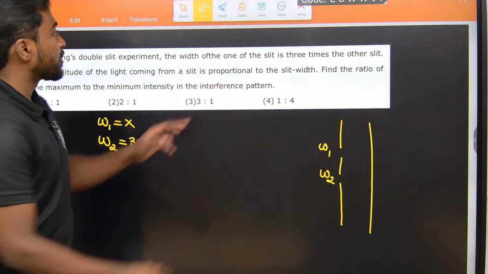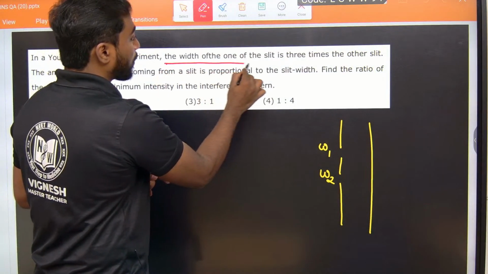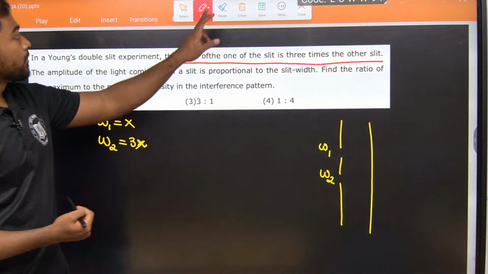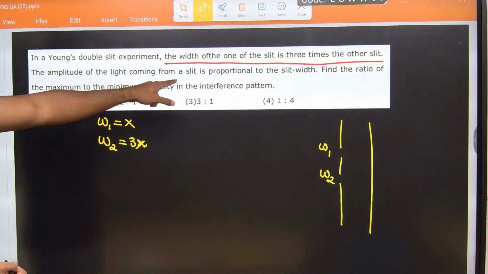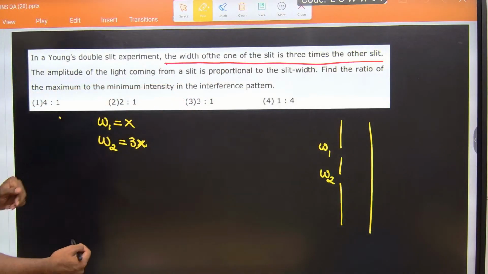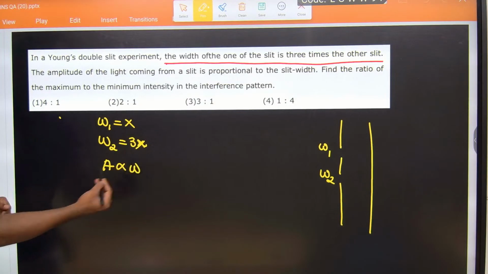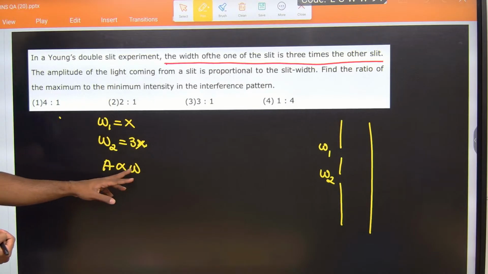That's what they mentioned, that the width of one slit is 3 times the other slit. And the second part is that the amplitude of the light coming from the slit is proportional to the slit width, so A is directly proportional to W.